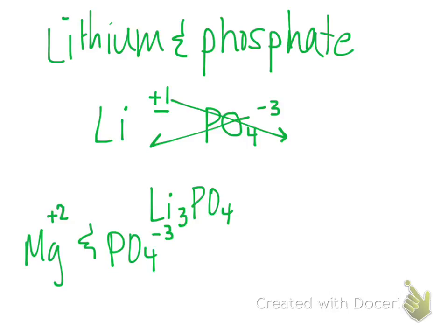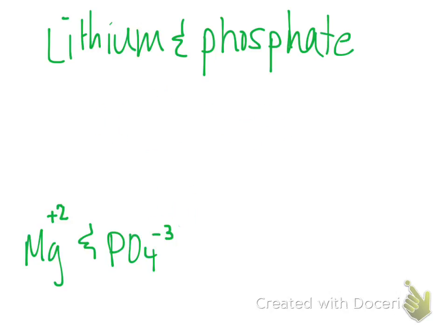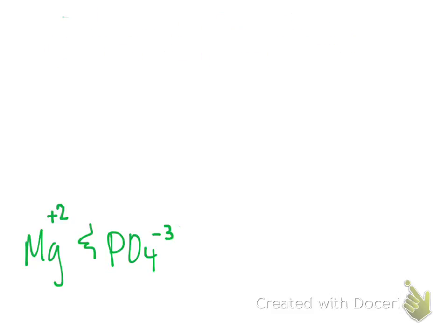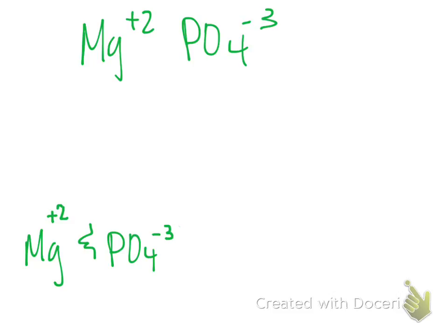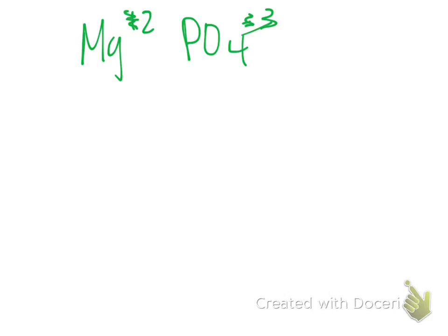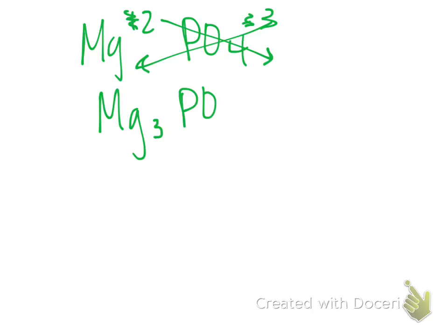Let me get rid of lithium up here. Okay, magnesium and phosphate. Mg +2, PO4 -3. So now let's cross down our charges and then we'll check. We drop the sign. We cross down our charges, which means we need 3 magnesium atoms and we need 2 phosphate molecules.